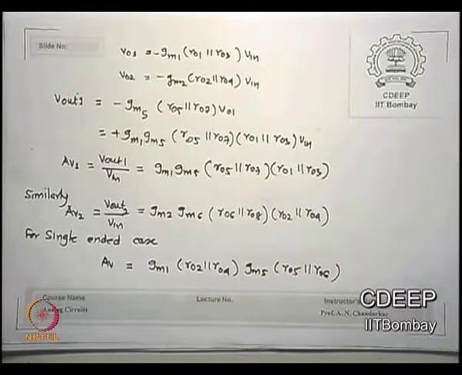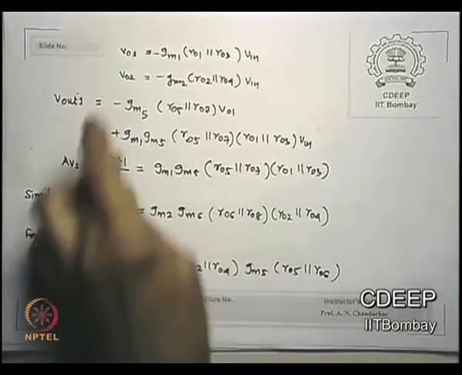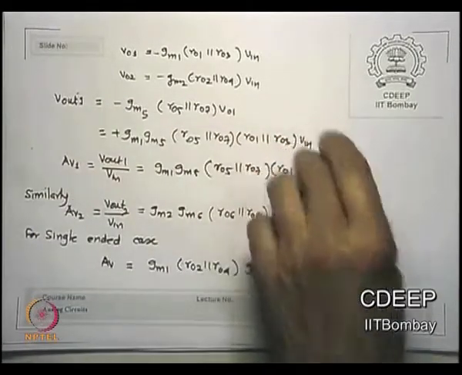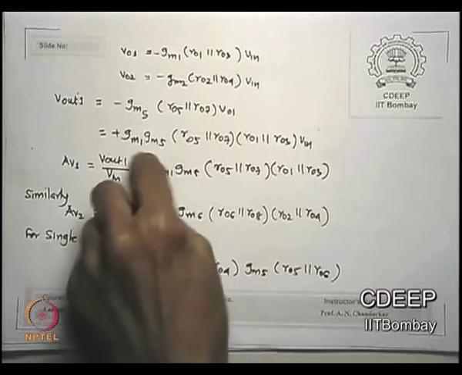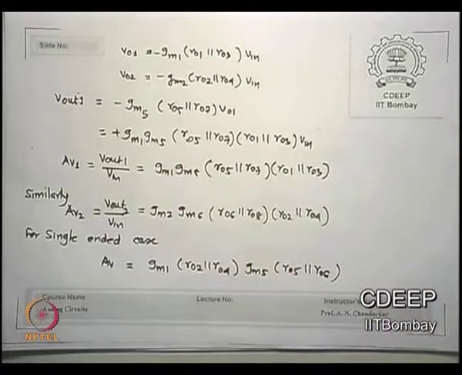So A1 into A2 is the net gain of a two stage OPAMP. Is that clear? The first stage, the DFAM, has a gain A1 which is gm1 times ro1 parallel ro3. The second stage has a gain gm5 into ro5 parallel ro7. So that is multiplied to the first stage gain. So A1 into A2 is A final. Is that okay?